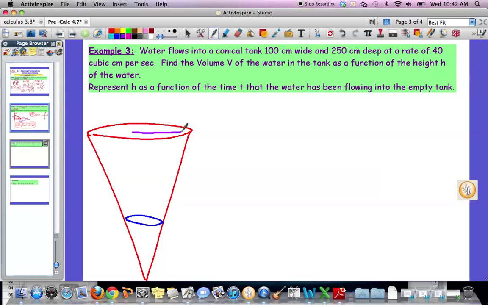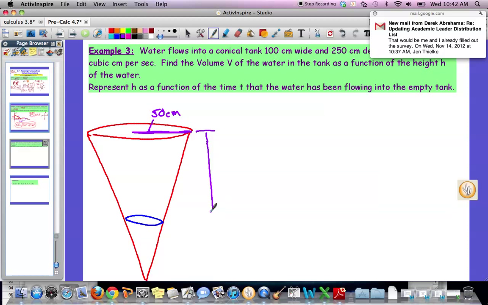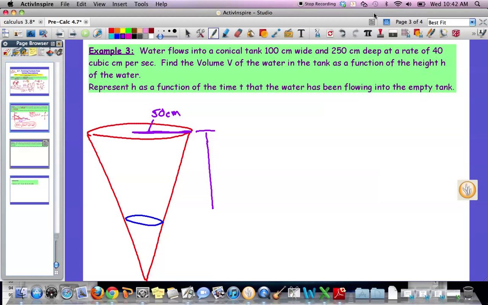I'm going to label the radius right here. If the diameter is 100 centimeters, then this is 50 centimeters. And the height is 250 centimeters. So I'm going to label that. Something like that. 250 centimeters.